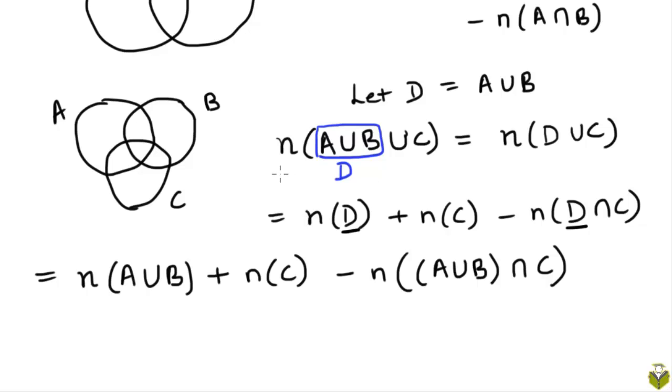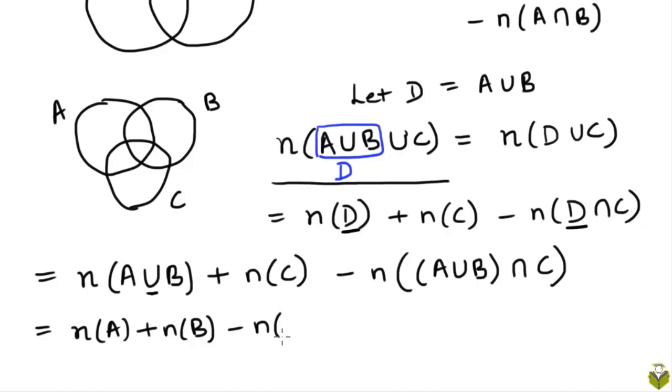Now our goal is to have on the right hand side for this expression purely the sets themselves and their mutual intersections. We don't want any unions on the right hand side. So let's first try to eliminate this union. We can do that by applying the same formula. The number of elements in A union B is the number of elements in A plus the number of elements in B minus the number of elements in A intersection B, and we can write the remaining terms as they are.